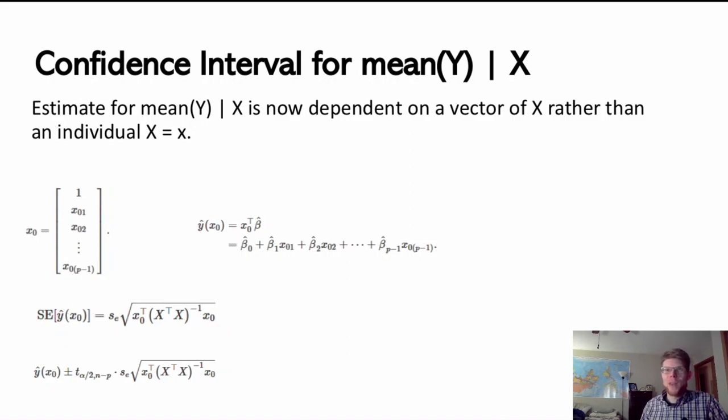The standard error for y hat, so basically the standard error for the mean value of y at a particular x value, is going to be represented by this equation. It's the standard deviation of our residuals times the square root of this expression right here. So if you wanted to make a confidence interval for a mean of y given x, we could use this expression right here.